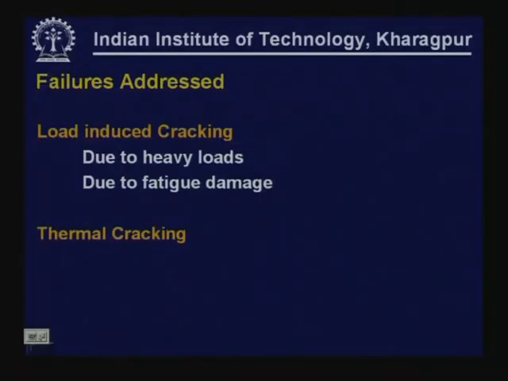On the other hand, if you apply loads of lesser magnitude repeatedly, they also can produce cracking in the slab because of what is known as the fatigue phenomenon. So there are two types of damage that we are concerned about: damage caused by heavy loads, and fatigue damage caused by loads of lesser magnitude, but applied repeatedly.